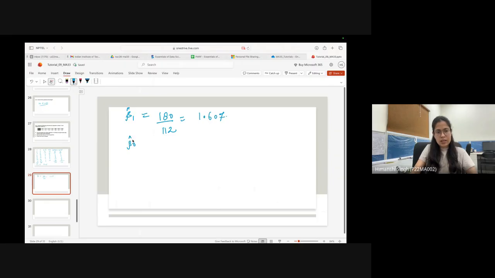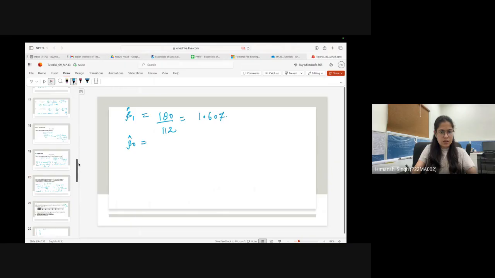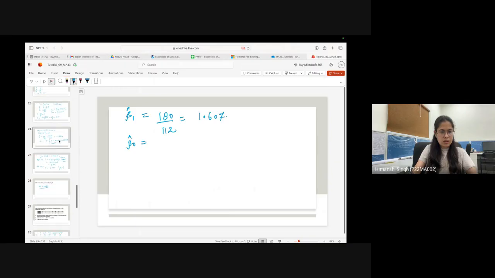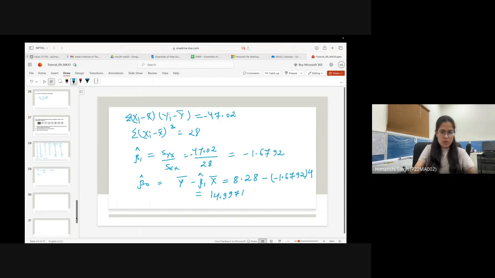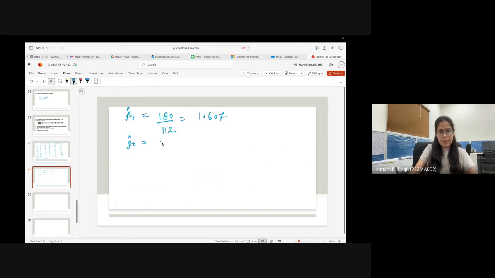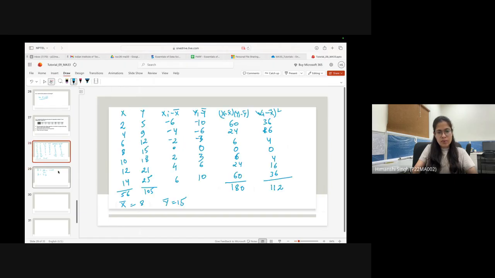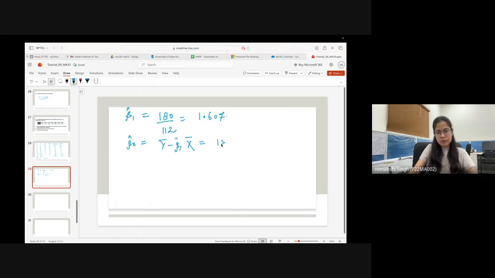And beta naught hat is y bar minus beta 1 hat x bar. So what is y bar? It is 15, minus beta 1 hat into x bar, which is 8.